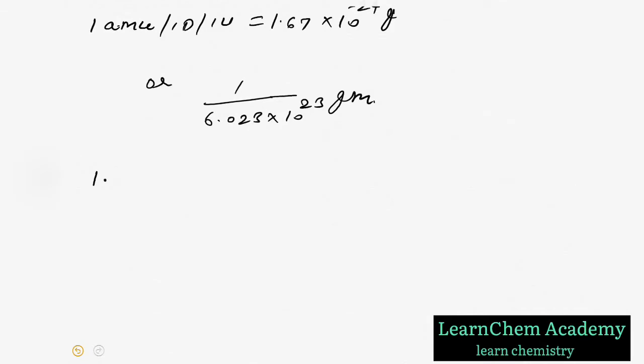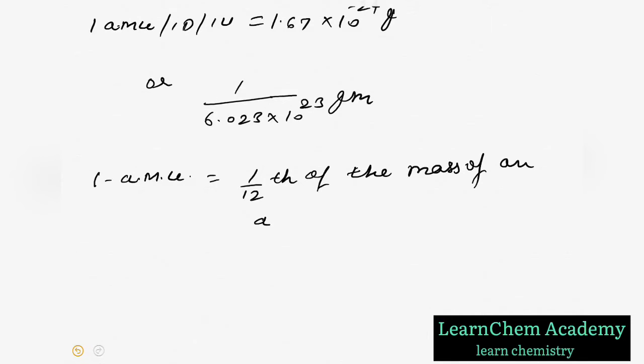So we can conclude 1 AMU is equal to 1/12 of the mass of an atom of C12 isotope.